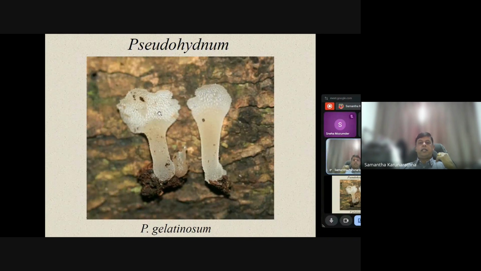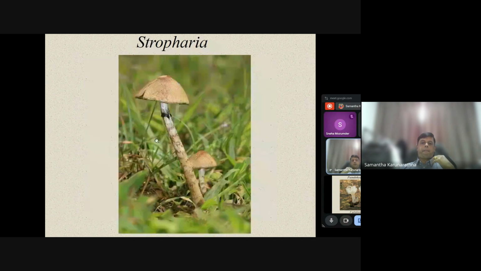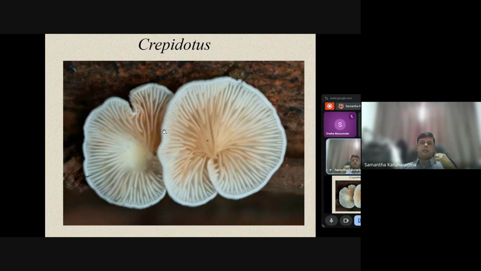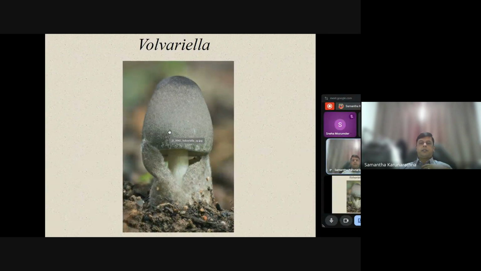This is like Hydnum. You can see the tooth-like structures, but it is called Pseudohydnum because it is not a true Hydnum type mushroom. And Stropharia, Trogia, Crepidotus, and Volvariella, as I mentioned.